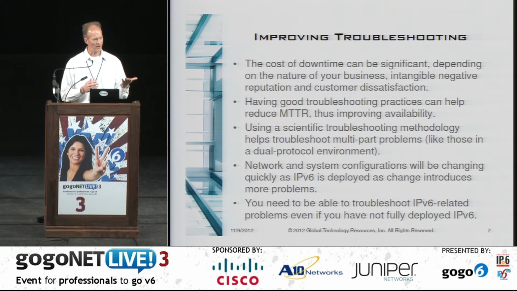As we deploy IPv6 systems, we need to also be monitoring IPv6 so that we can be alerted to issues sooner. That factors into mean time to repair: not only detection of the problem, but then repair of the problem.